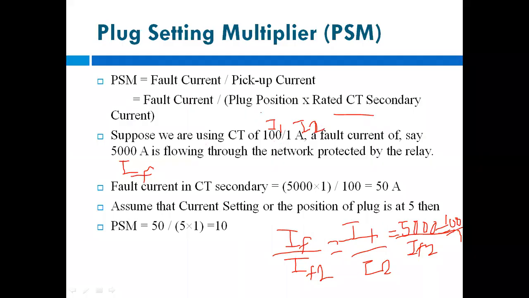We don't know the plug position and the fault current, so we have to find that first. Actually the fault current is given, but it is not for the secondary. So we have to find the fault current in secondary using this formula, and we get 50 ampere.